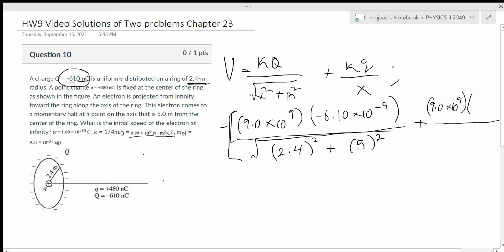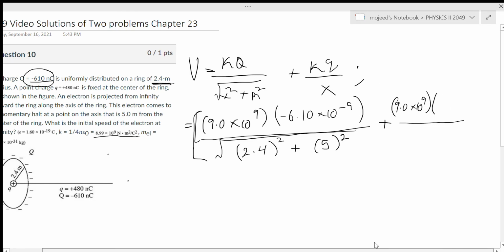the point charge, times 10 to the negative 9th, over 5. Once we compute that, the 10 to the 9th and 10 to the negative 9th cancel out, leaving nine alone.